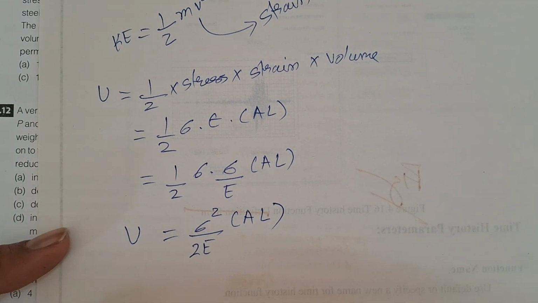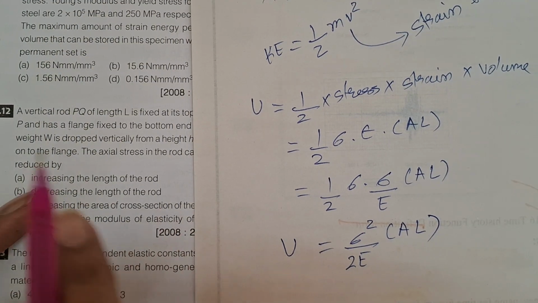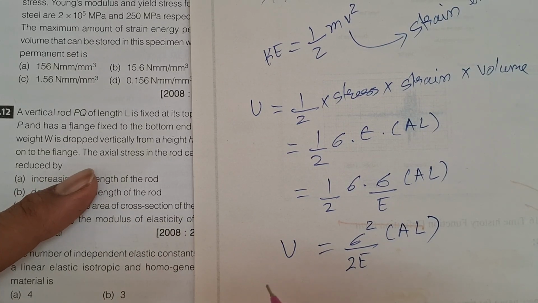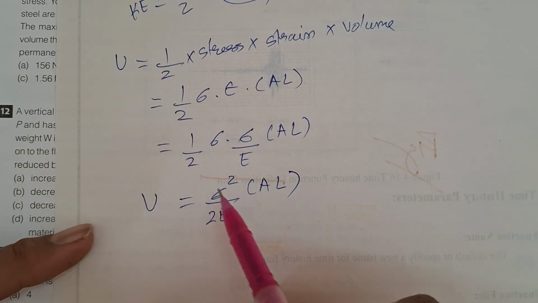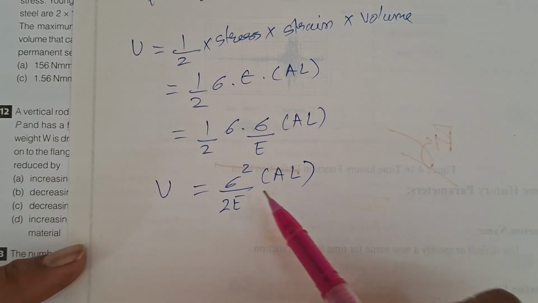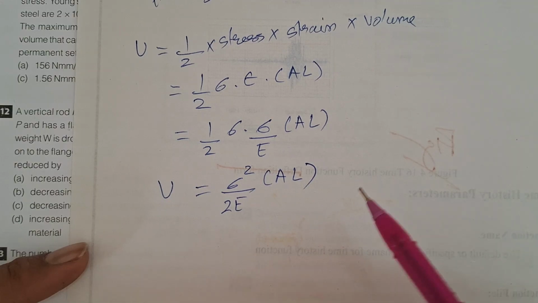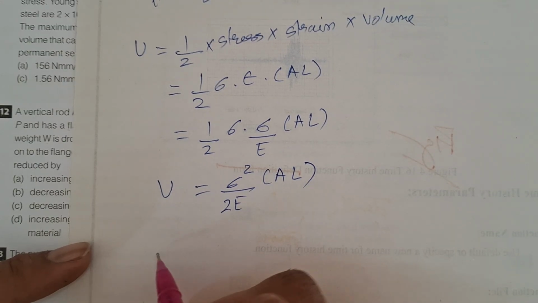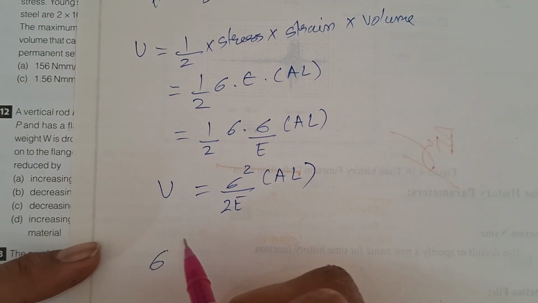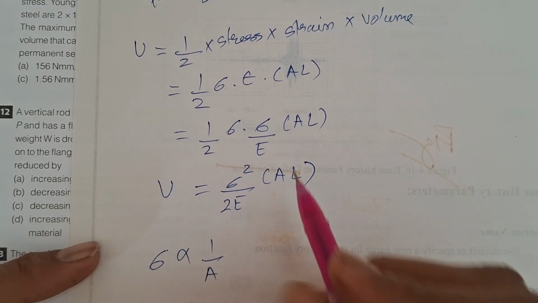This we know. Now see, they have not asked us the relation between strain energy. They are asking the relation between the stress and area, or stress and length of the rod, or stress and elastic modulus. So here we know that axial stress sigma is inversely proportional to area by this equation.